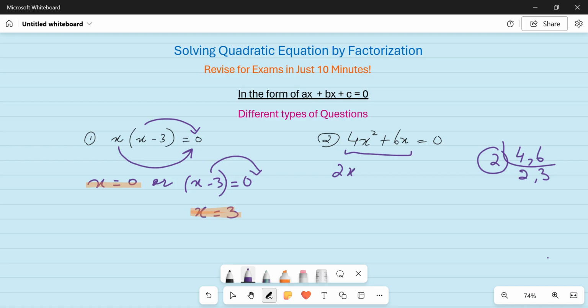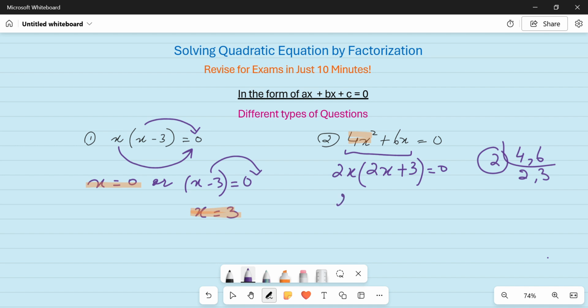So we take 2x. 4x squared divided by 2x: 2 times 2 gives you 4, and x cancels with x squared, giving you 1x. Plus 2 times 3 gives you 6, and x divided gives you 1, so we will not write x here. This equals 0.